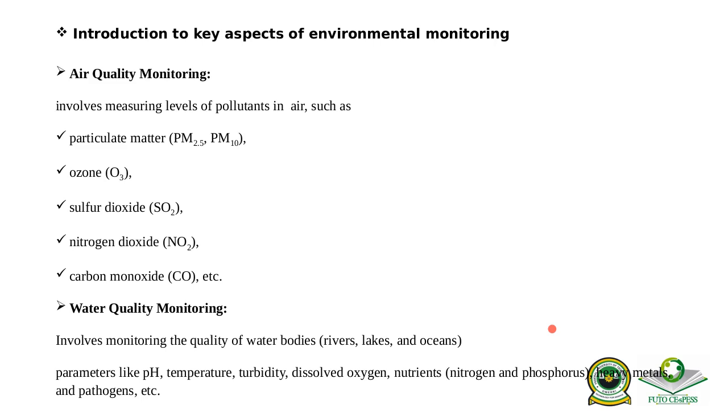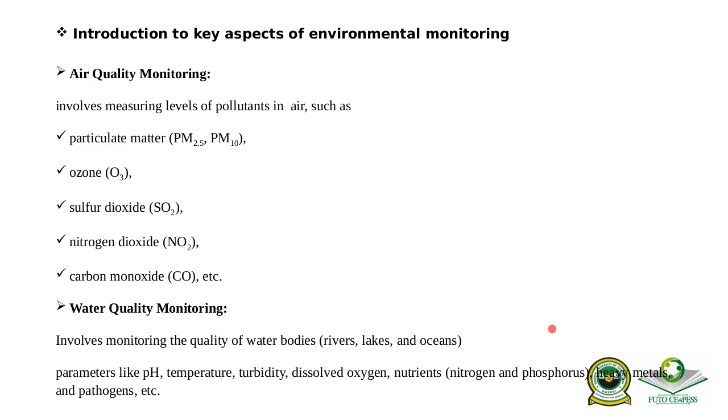We talk about particulate matter, particles that float in air, more especially those we call particulate matter 2.5, PM2.5, and PM10. What we mean by PM2.5 is particulate matter that can pass through a pore size of 2.5 microns.